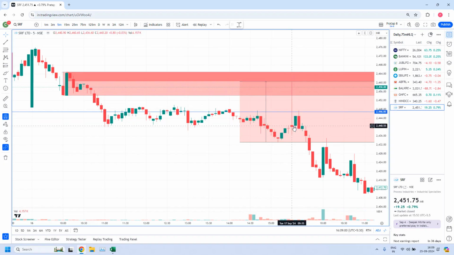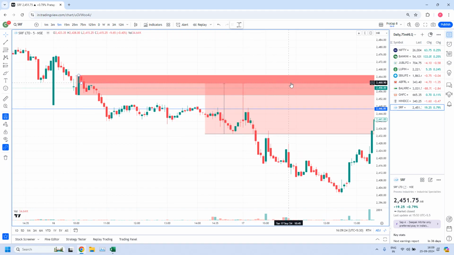See the sharp rejection. Then this entire 75 minute high liquidity zone is created. This 5 minute zone is the source for the creation of this entire 75 minute high liquidity zone. That means the real order flow is in this fine tuned 5 minute zone. If prices are entering this area, we should not miss it. We have to utilize it. Definitely that will give a good trade.